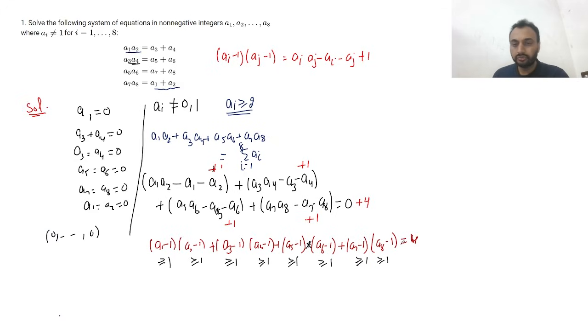The right hand side is also 4, so equality holds only when all of them are equal to 1, or we say A1, A2, ..., A8 all are equal to 2. So we have only two solutions: either all of them are 0 or all of them are 2.